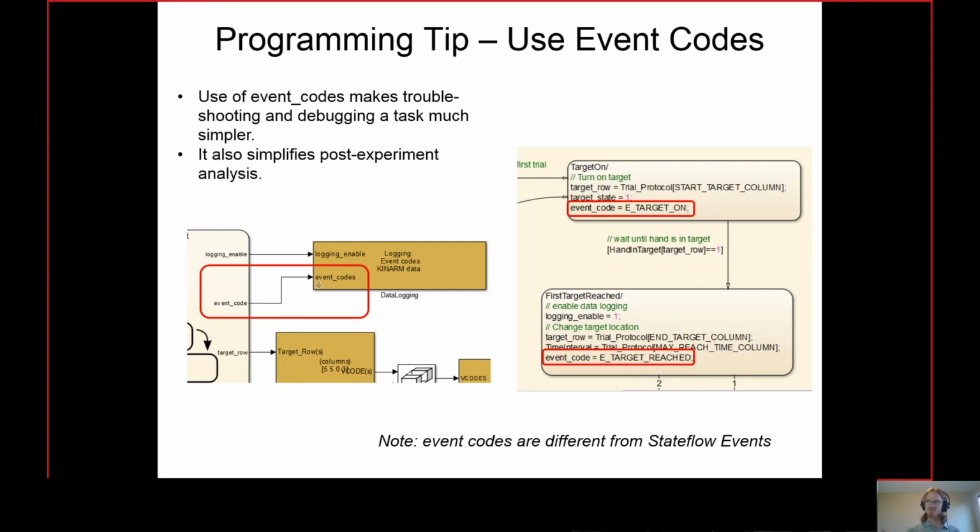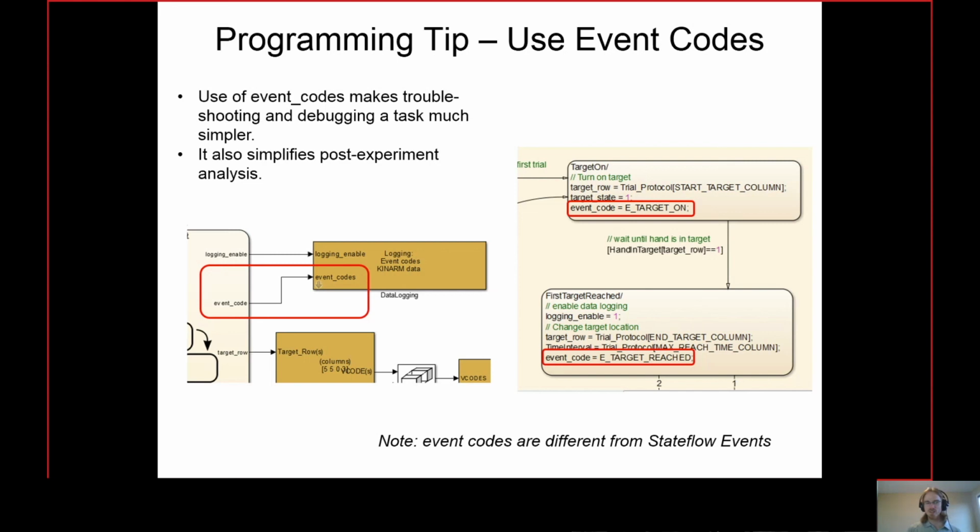Because effectively what you get later, when you're analyzing your data using MATLAB, you'll see these giant arrays of kinematics and that sort of thing, and you'll have event codes that say, at this time in the data, the target turned on, or at this time in the data, a perturbation started.